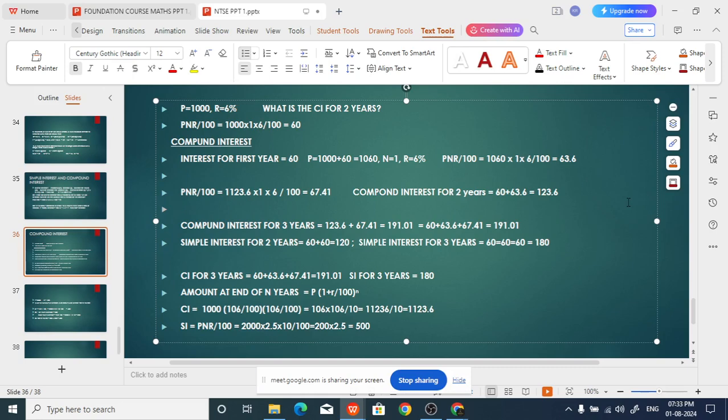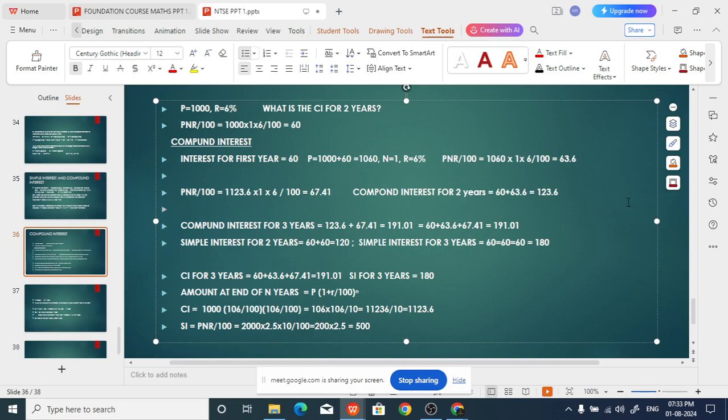But simple interest for 3 years is 60 plus 60 plus 60, 180. Compound is 191.01. So the compound interest is always more than the simple interest.